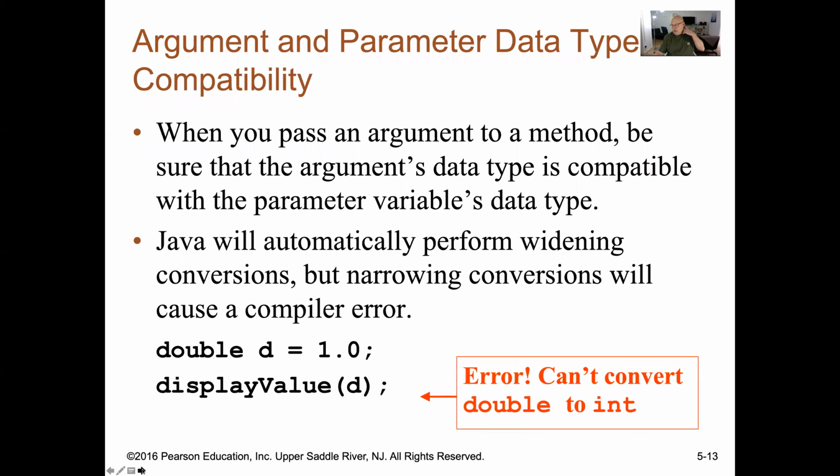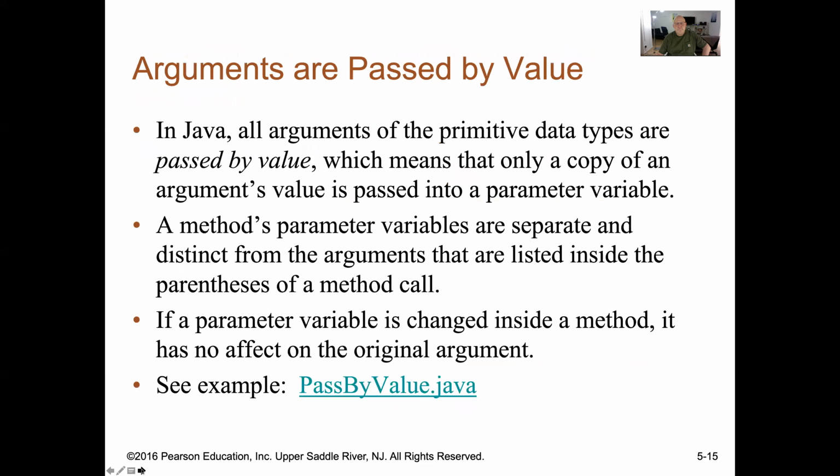When you pass an argument to a method, be sure that the argument's data type is compatible with the parameter variable's data type. Java will automatically perform widening conversions, but narrowing conversions will cause a compiler error. So how are arguments passed?